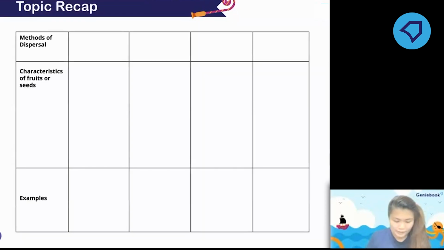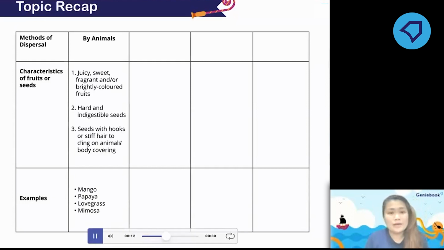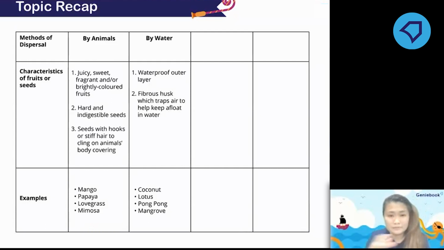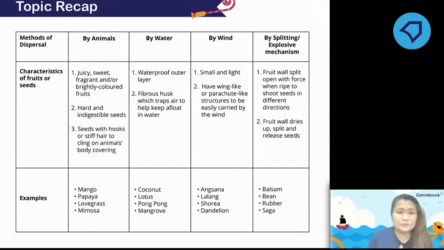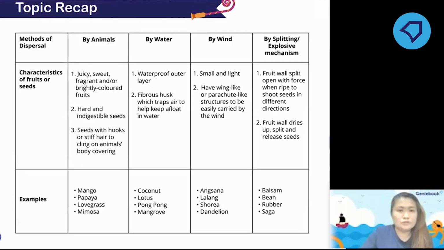What you can see here is animals. The first few things, I'm going to let the video play. By animals, it will be sweet, juicy, brightly colored fruits. Why? You want to attract the animals to go to the fruit and eat the fruit.